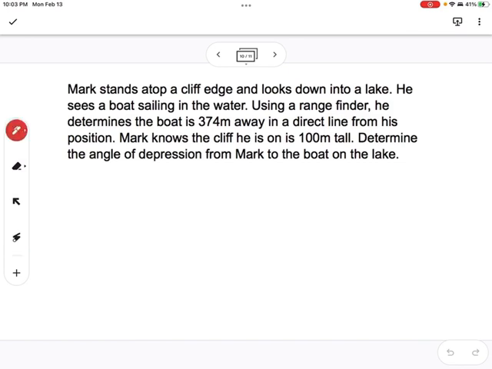Okay, so we have a cliff that Mark is standing on. We know that this cliff is 100 meters tall. There is a boat sailing in the water. And we know that that boat is 374 meters away.